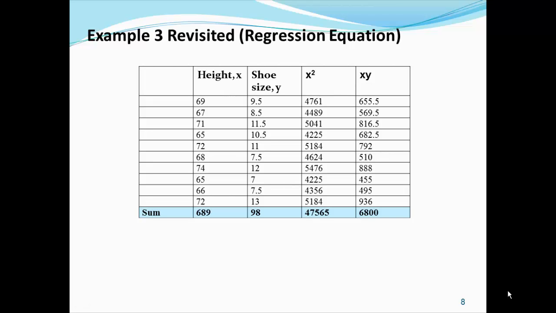After filling in all of these columns, you should sum each of the columns and place that sum in the last row. So here the sum of our x values is 689. The sum of our y values is 98. The sum of our x squared values is 47,565. And the sum of our xy values is 6,800.